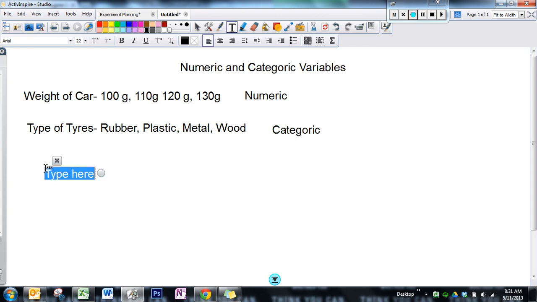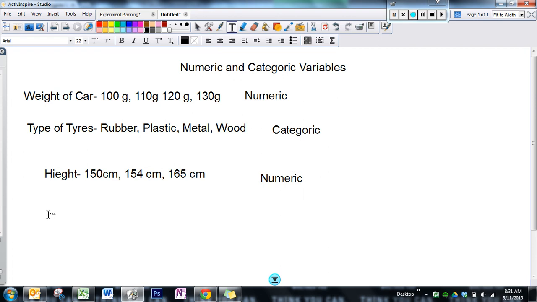Now another example is, if you split up your class by height, you would have 150 centimeters, 154 centimeters, 165 centimeters. You get the idea. If you listed everybody, you'd have all these numbers, so that would be a numeric category.